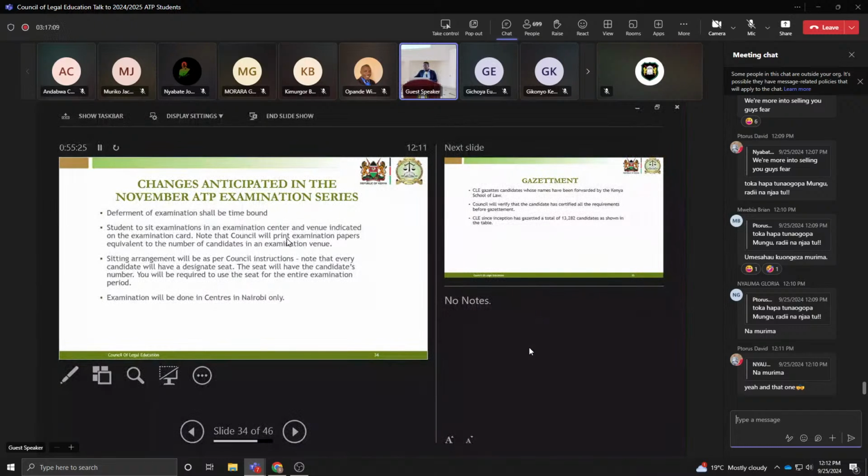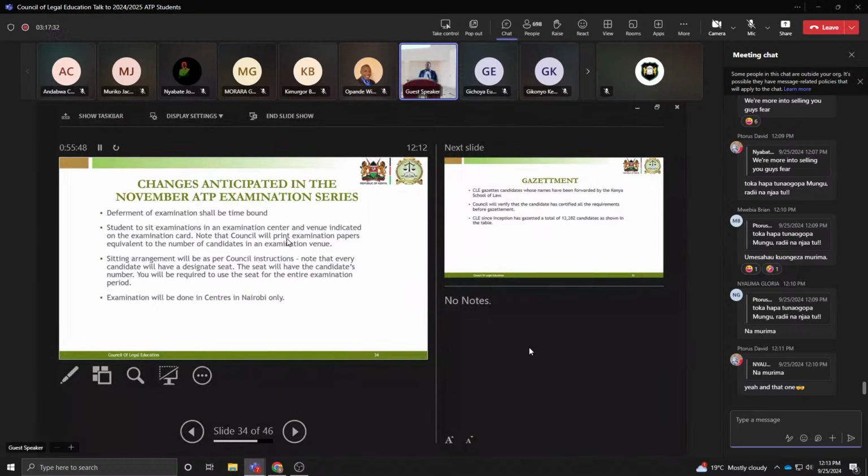This time again, among the changes that we are implementing, it's not free sitting. We will arrange students. It is us who will have that discretion. So you'll find your number on the table. You will not sit with your friend. We will ensure that it is us who will determine where each candidate is.